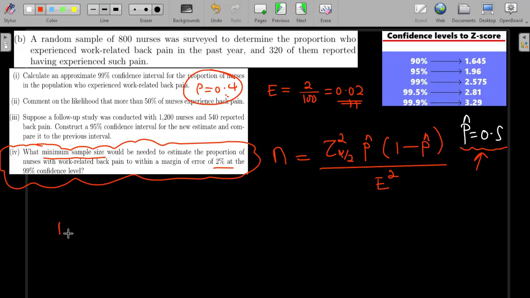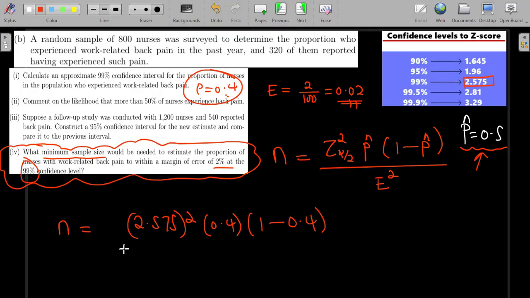So I'm going to say n is equal to Z squared. We are looking at 99%, so our Z is 2.575 squared. The proportion is 0.4, and then 1 minus 0.4, divided by 0.02 squared.